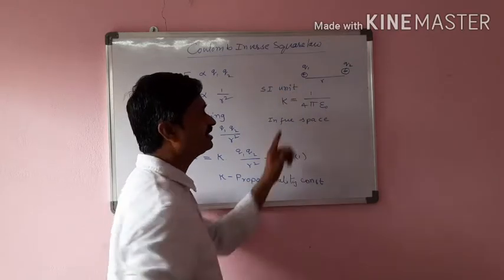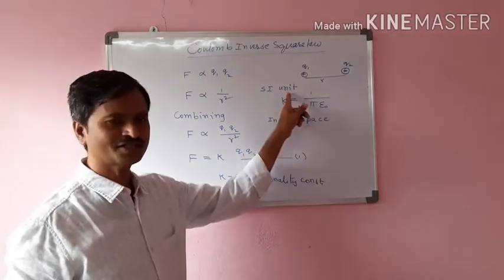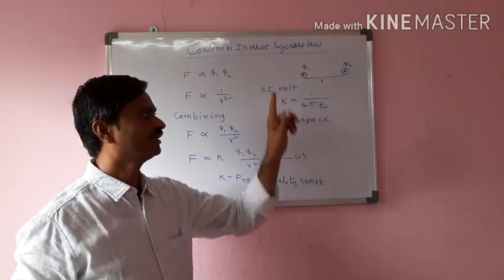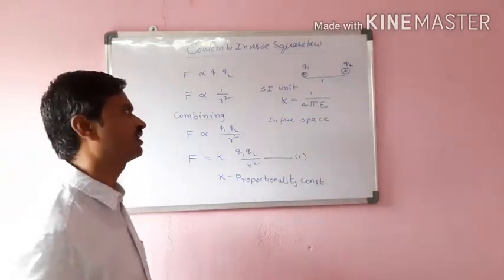When the unit changes, the constant value also changes. In the International System of units, the constant is 1 divided by 4 pi epsilon naught.